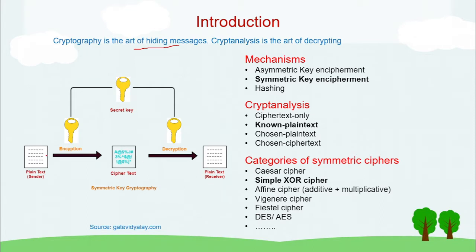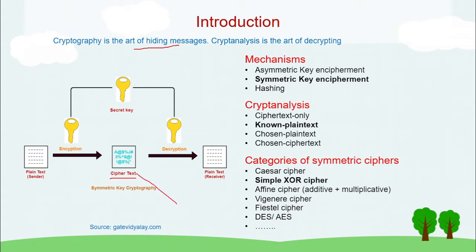So he takes a secret key and encrypts. He may use different encryption processes, and then sends only the encrypted message. We call it cipher text. The receiver uses the same key, decrypts it and gets the original message. So this is how it operates.